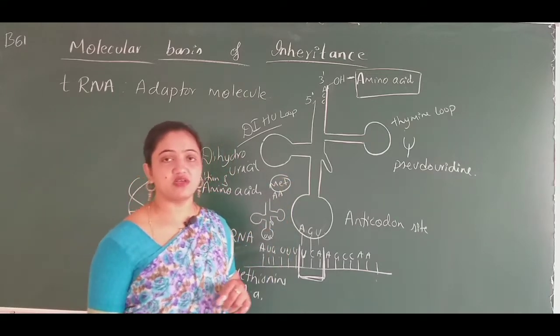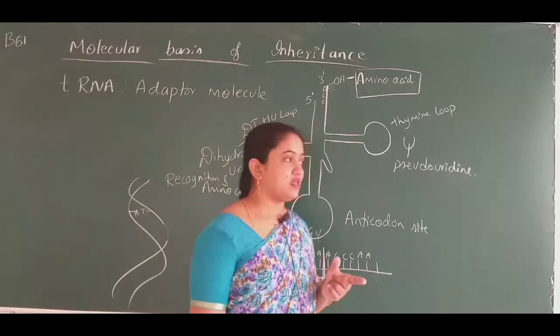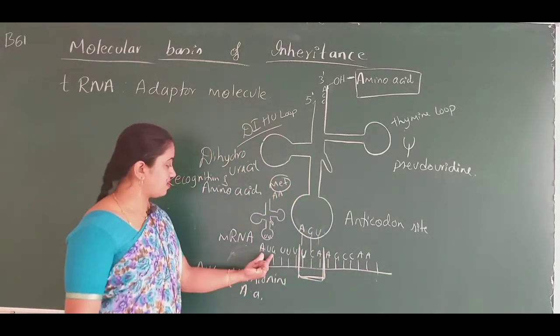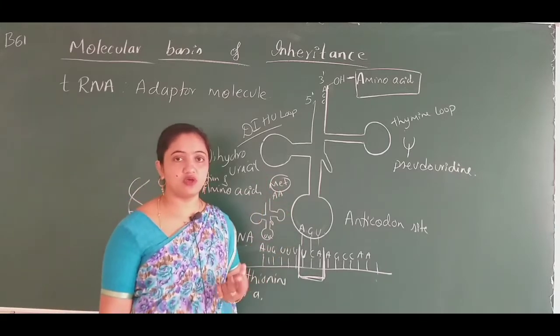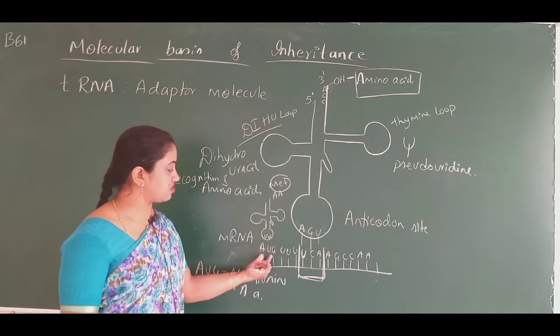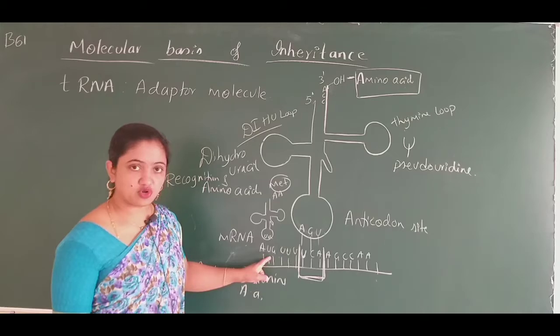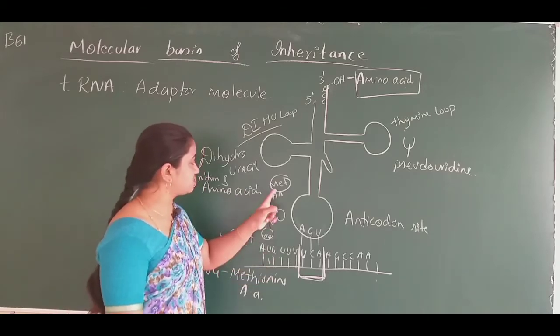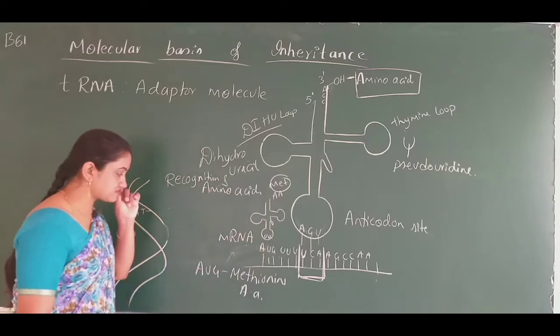Check it in your genetic code checkerboard. In the last class we also understood that the AUG triplet codon has a dual function: it is an initiator codon and it also codes for methionine.